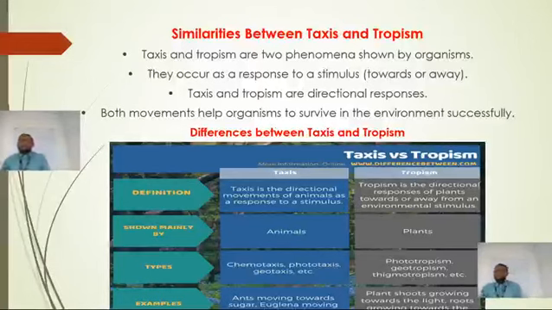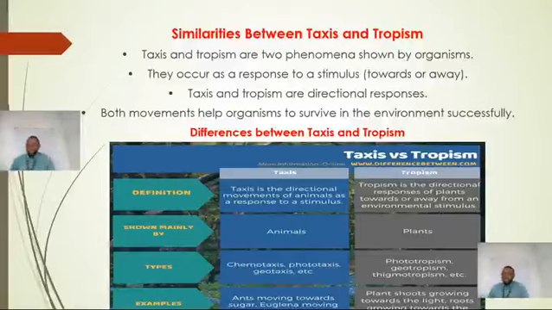And the differences between taxis and tropism. Look at the criteria. From the definition, taxis is the directional movement of animals as a response to a stimulus, while that of tropism is for plants, usually a part of the plant. Another criterion is that it is shown mainly by animals, while tropism is shown by plants.